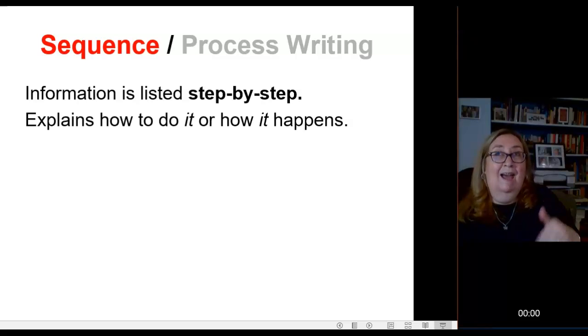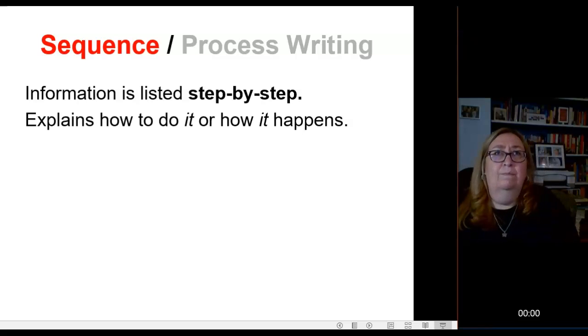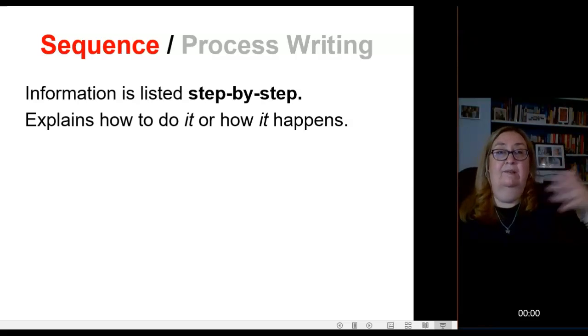It explains how to do it or how something happens. You read a lot of sequence writing when you're looking at science experiments, or when you're conducting a science experiment. So either you're going to be told how something happens, like what's the process for when a volcano explodes, like what are the steps that happen before the big explosion happens.